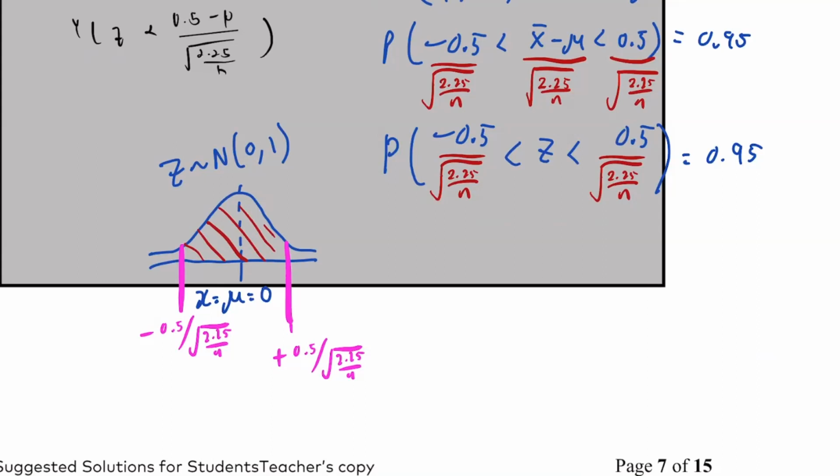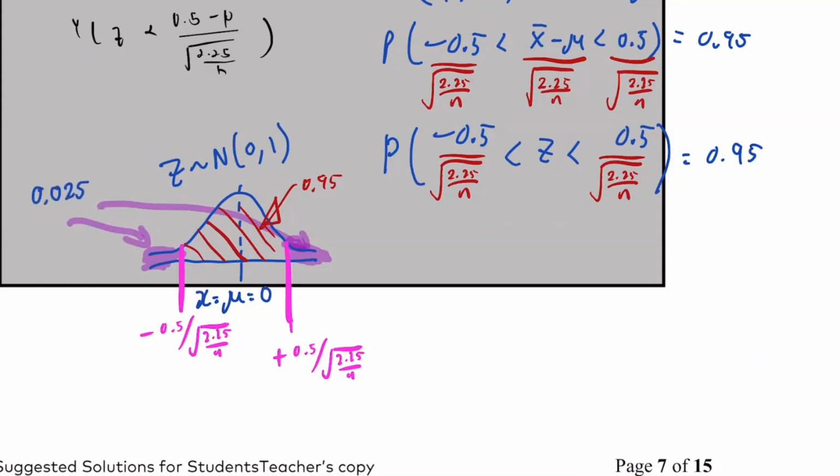But let's just be a bit more careful. We need the area here to be 0.95. And we know it's symmetrical. So that means that these two tails, the left tail here and the right tail there, should also have the same area, right? So what will those areas be? Must be 0.05 over 2, which is 0.025.